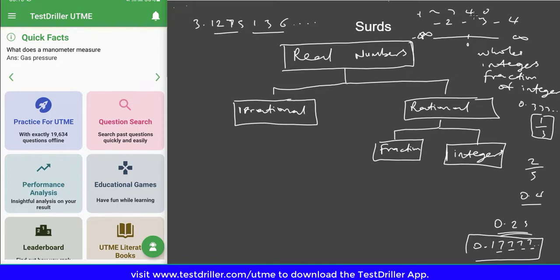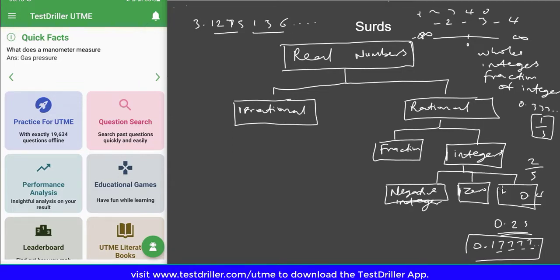Now let's talk about integers. Integers can be broken down further into negative integers, zero, and whole numbers.